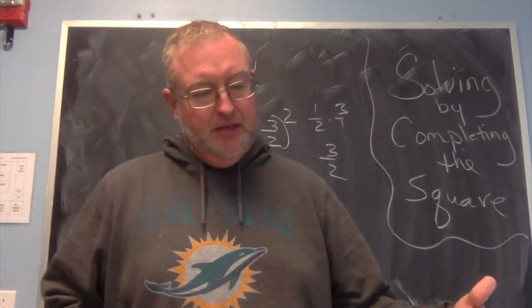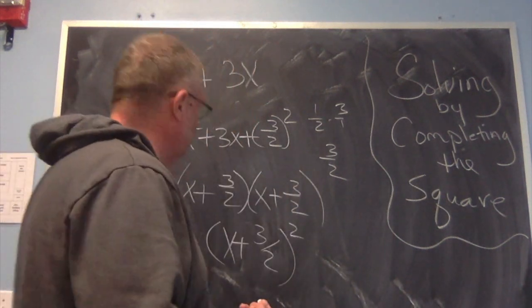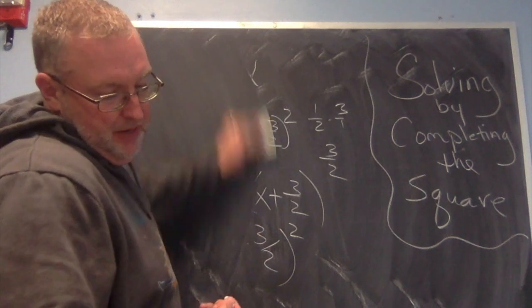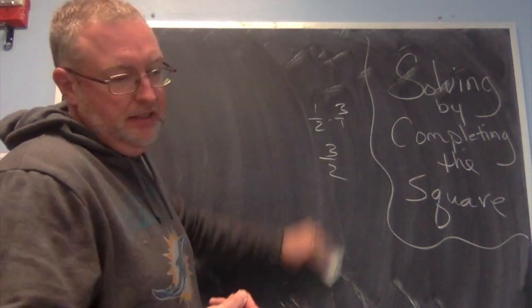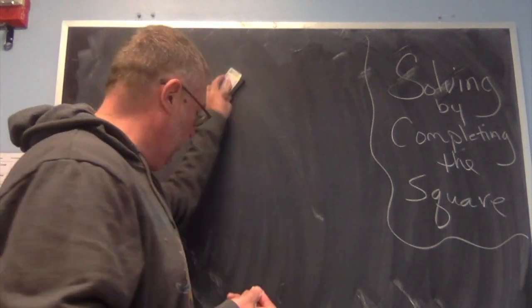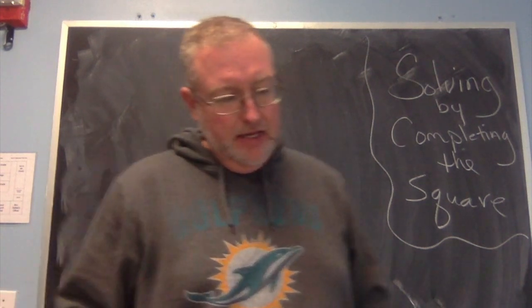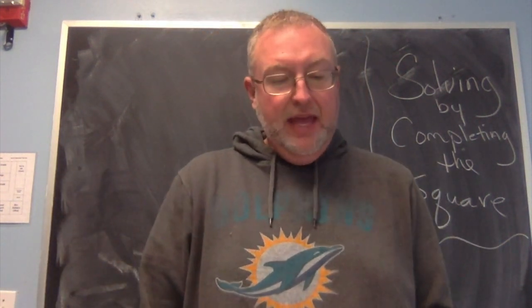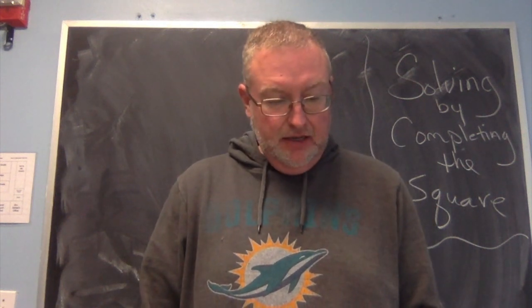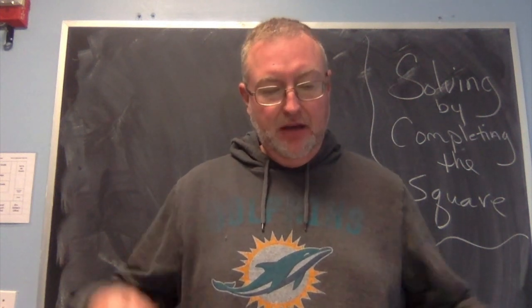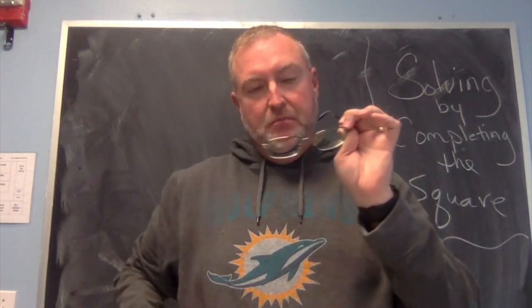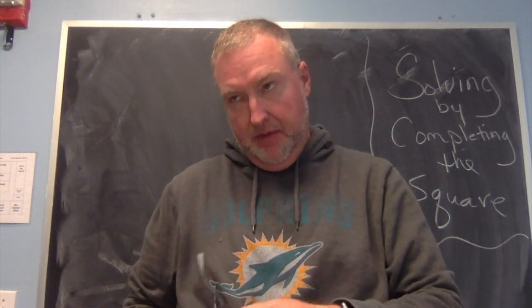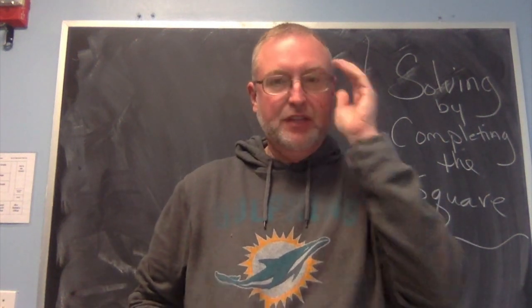So if you look over on page 318, let's read a few things while I erase the board here. Page 318, section 9.4, it says this. It says, to solve a quadratic equation by completing the square, add the constant determined in section 9.3. In other words, multiply it by a half and then square it. That gives you the constant.